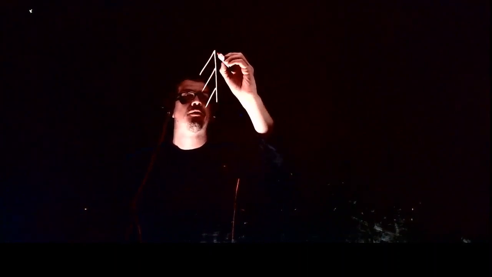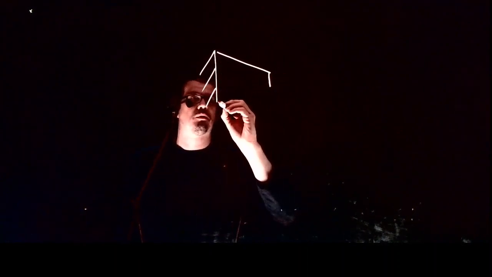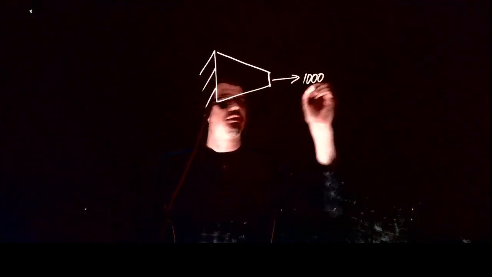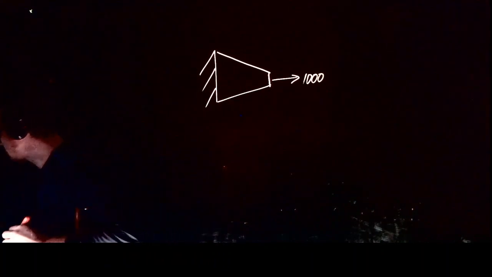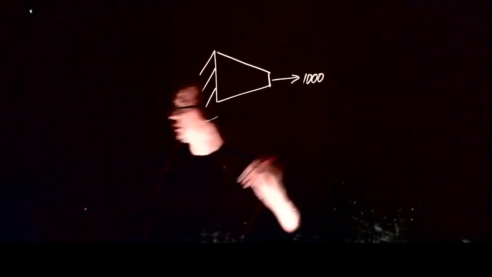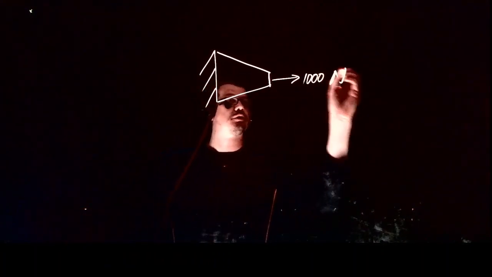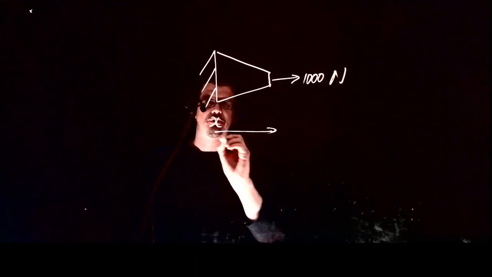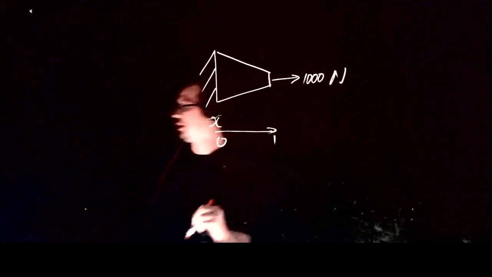Alright, so what we're going to do now is look at this example problem that we've looked at before. What was it? I can't recall now exactly. Was it 1,000 newtons? This is 1,000 newtons that we pull here. X goes here from 0 to 1.